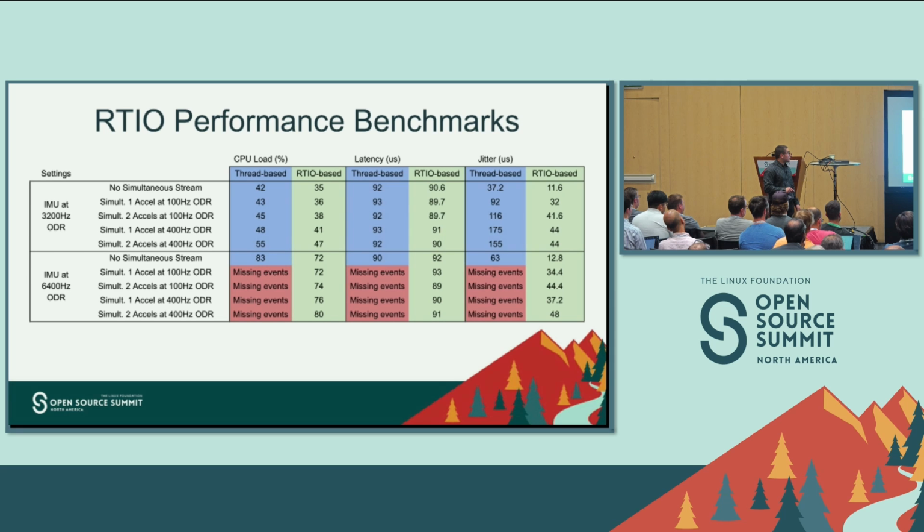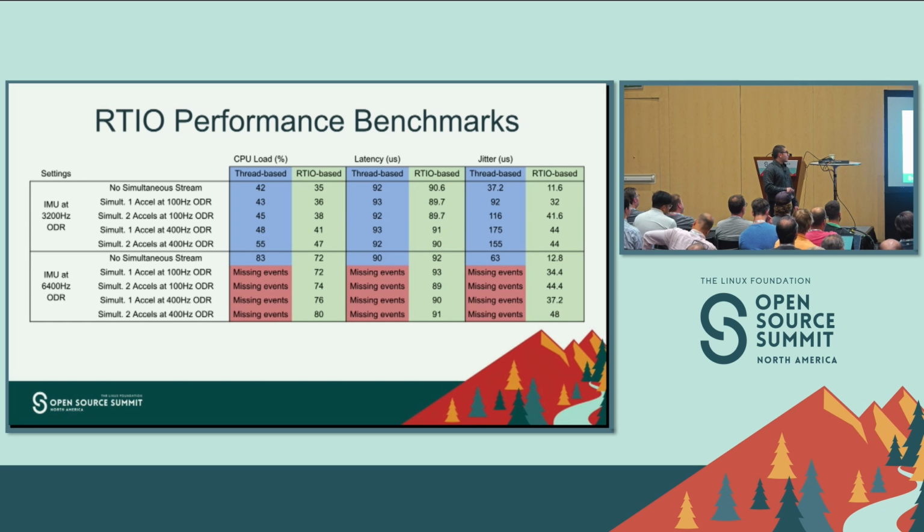Worst case, as you can see, with the two accelerometers running at 400 hertz and the IMU at 3200 hertz, is 155 microseconds and 175 microseconds. I guess I could have done more extensive testing, but I just ran out of time. So these are the results for now. But as you can see, the jitter could even be twice what the latency is, which is pretty significant.